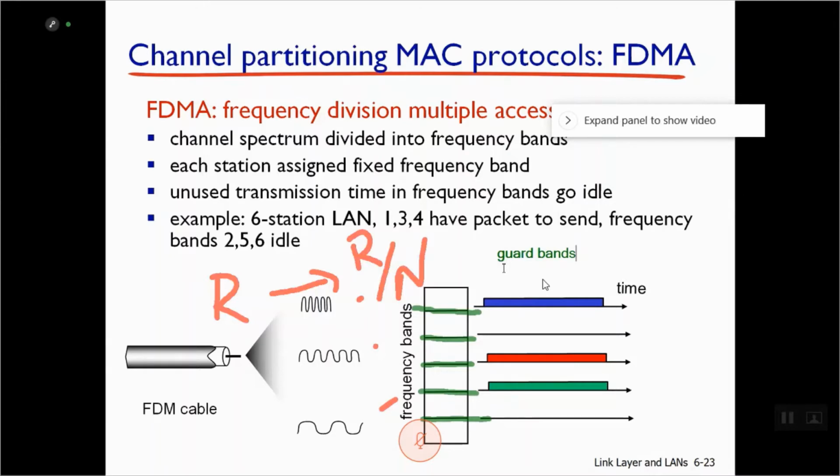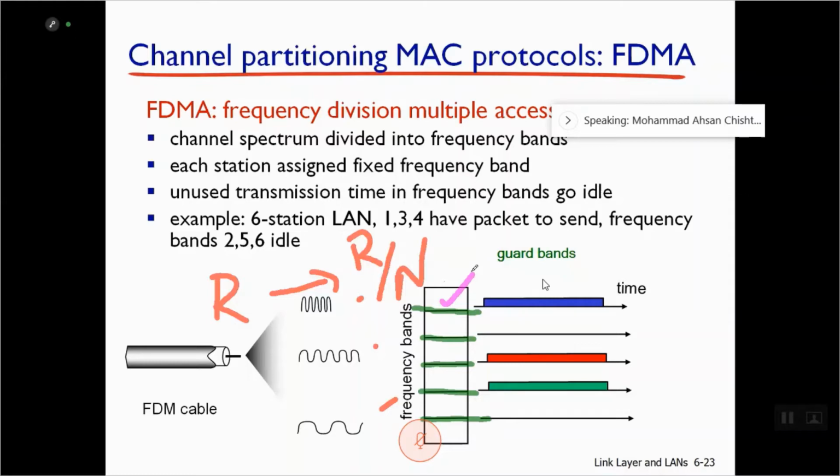Now in this channel partitioning, if we have 6 nodes, each of the 6 would get one of the frequency bands given here, like this one. So we assign each frequency to one of the N nodes, and at the same time, all 6 of them can send.